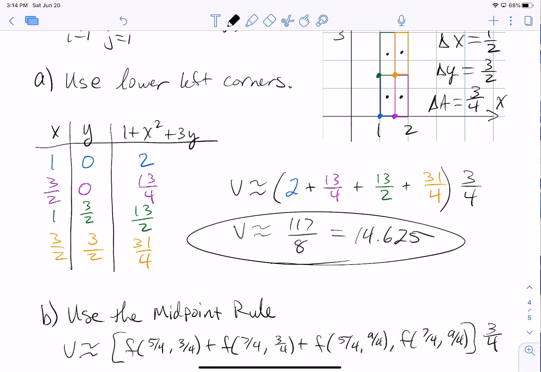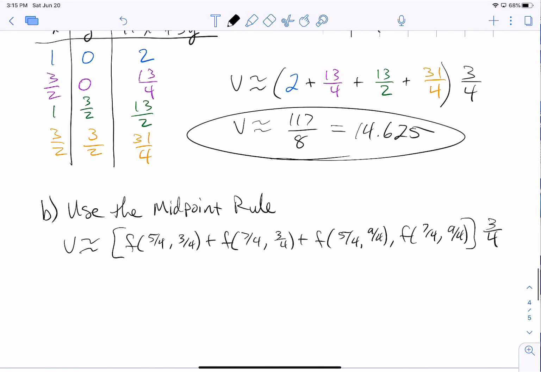I meant to say delta A hasn't changed. We're using the same function definition, and I will leave it to you to verify that the volume is approximately 399/16, which turns out to be 23.4375.